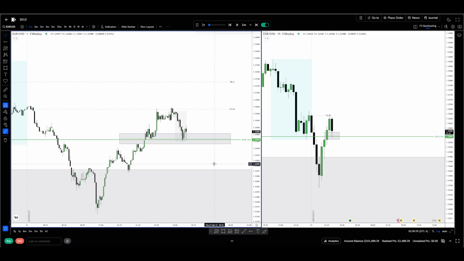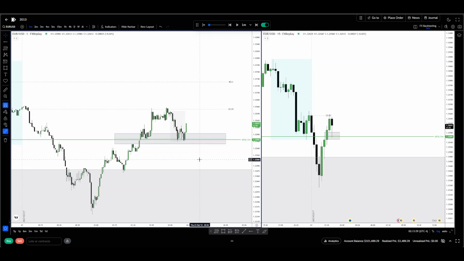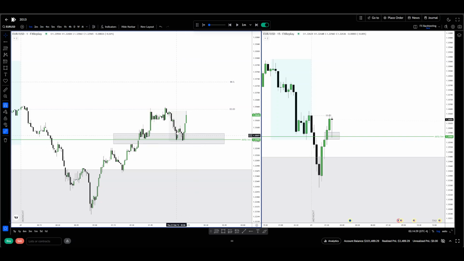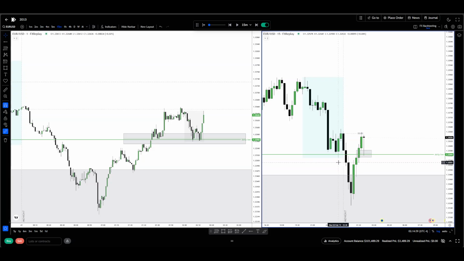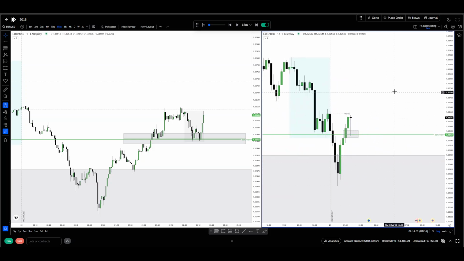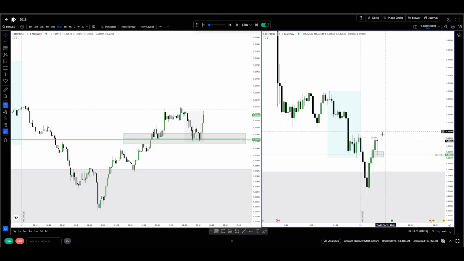It's respecting the mean threshold, which almost aligns with the daily low that got broken. Okay, so Asia low got swept. Now on the high time frame, this is a wick, a turtle soup, tapping into a high time frame PD array, and here we have equal highs. So yeah, my bias is now bullish.